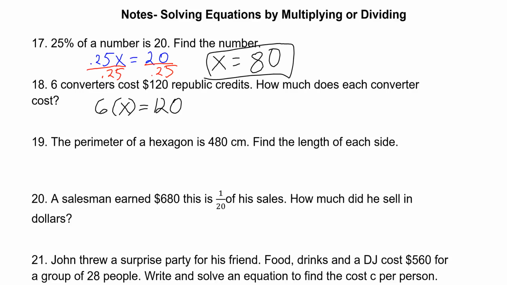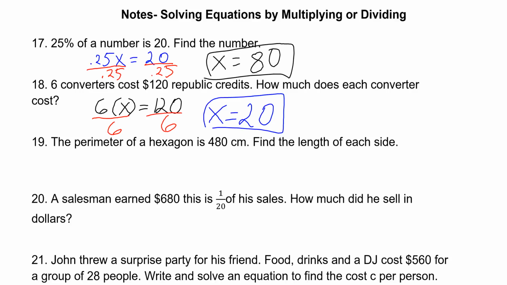So in order to figure out how much each one of those costs, we have to divide each side of this by 6. And that's going to leave us with x equaling 20. And that's pretty easy.